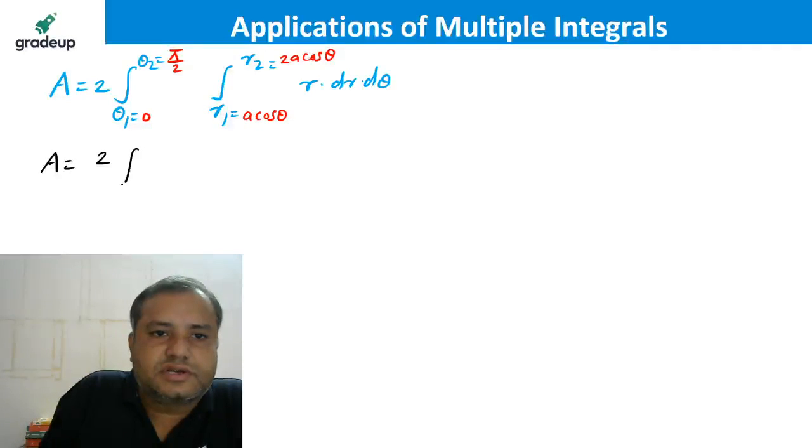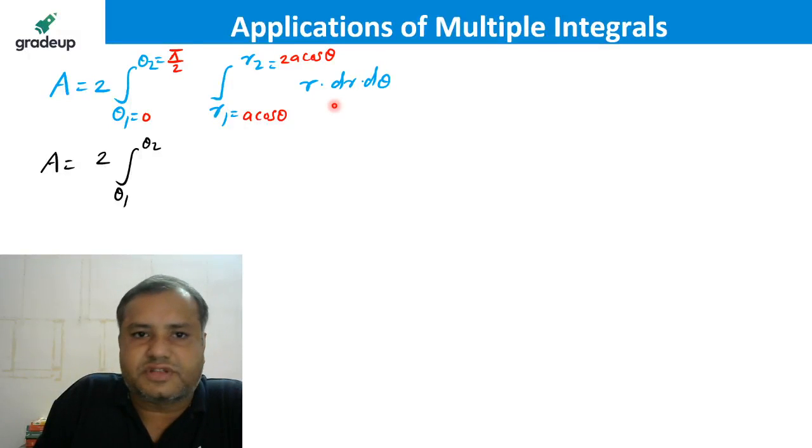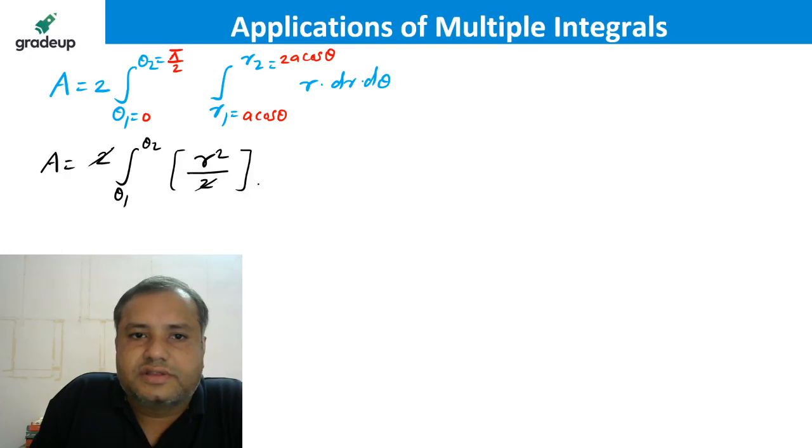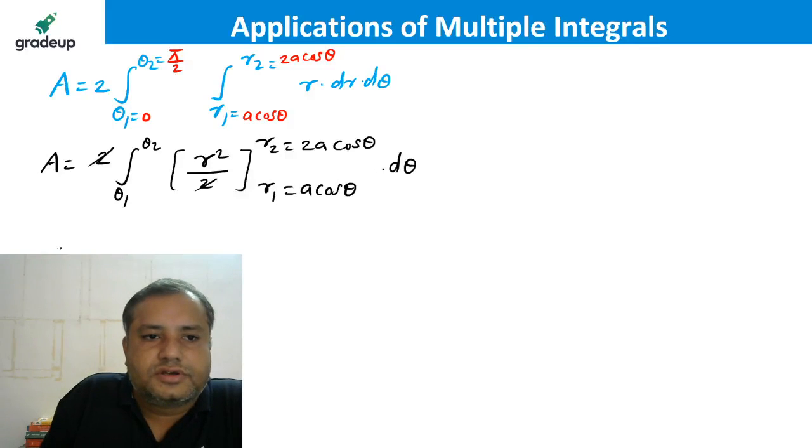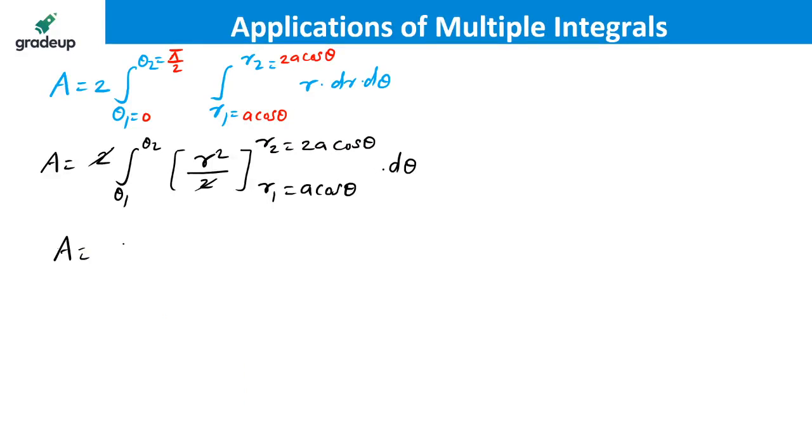So 2 times, theta 1 to theta 2, then the integration with respect to r will be r square by 2. This 2 and this 2 get cancelled. Then R1 is a cos theta, R2 is 2a cos theta. So a, theta 1 to theta 2, that is 0 to pi by 2.